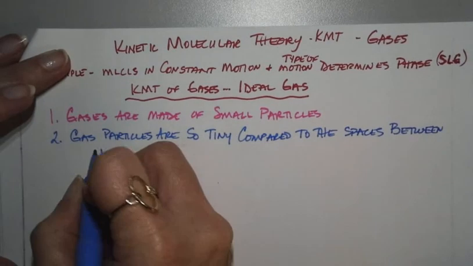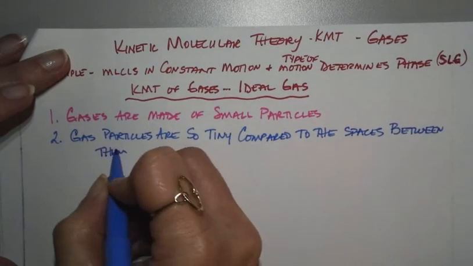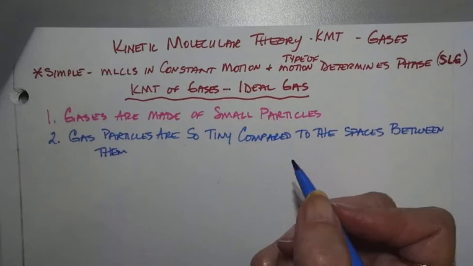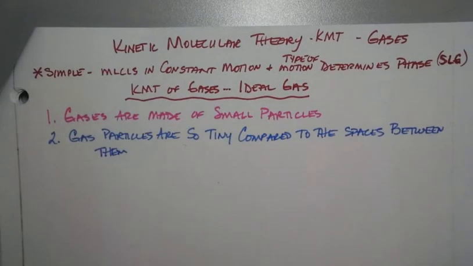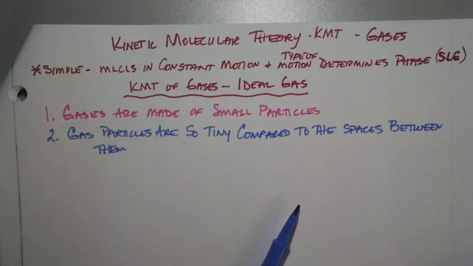What they're saying is there's this massive, huge gap between the gas particles. That's why they don't have a definite shape or a definite volume. We can squeeze them together and it's still a gas.